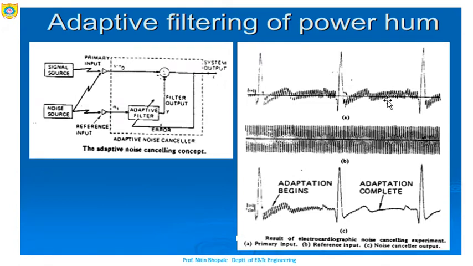In the adaptive filtering, the different points can be observed on this particular slide. Here the signal source is considered. This is the signal source, this is the noise source. Let's say the noise is added to the signal over here. After addition it will be summed up along with the adaptive filter.